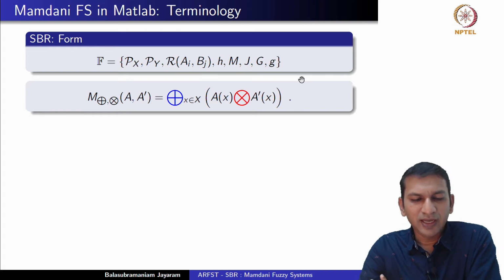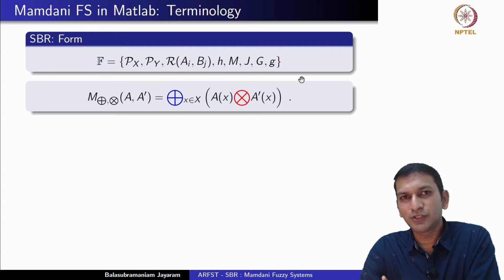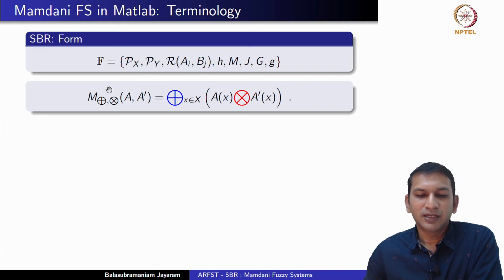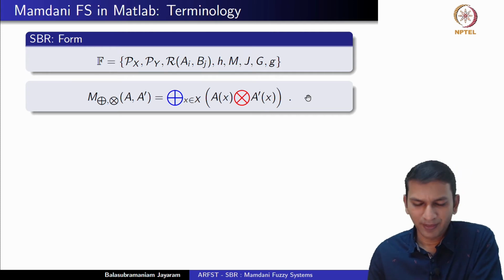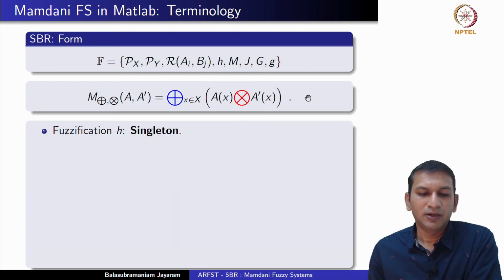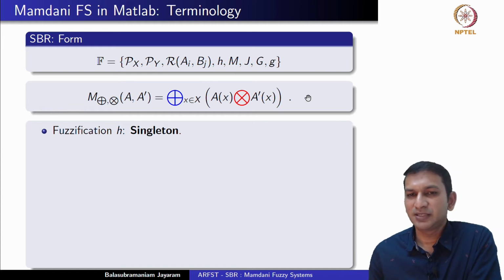Note that in the Mamdani fuzzy system, as implemented in the fuzzy logic toolbox in Matlab, this is the family of matching functions that we'll use. By specifying these two operations, we are specifying what the matching function will be. What is the fuzzifier that Matlab considers? Typically, it is a singleton fuzzifier.